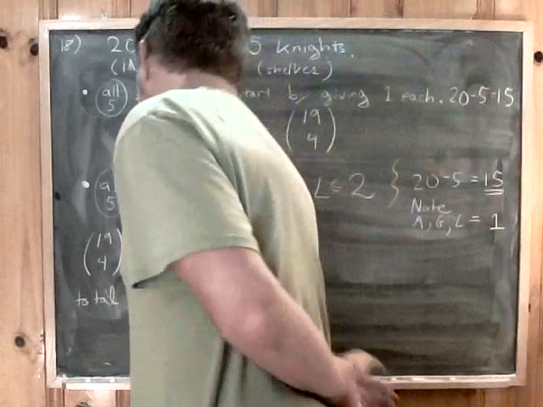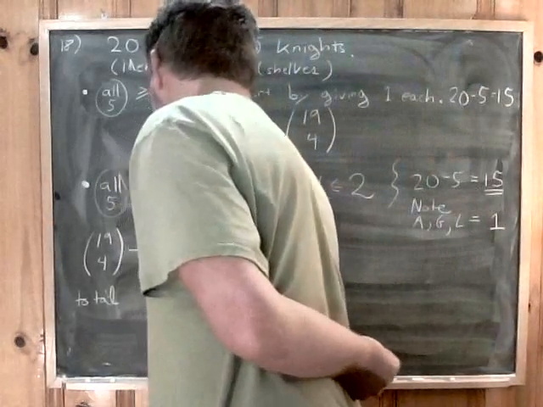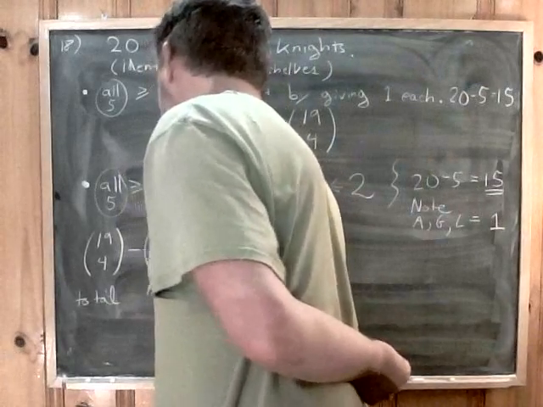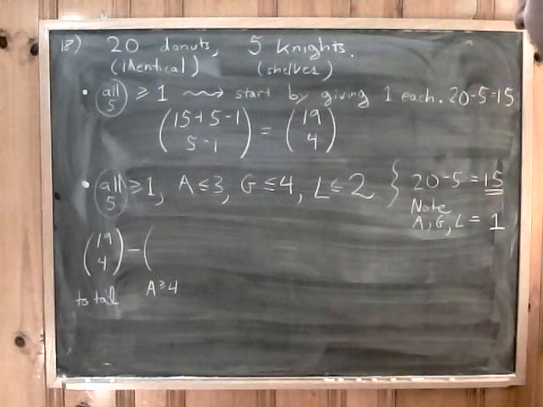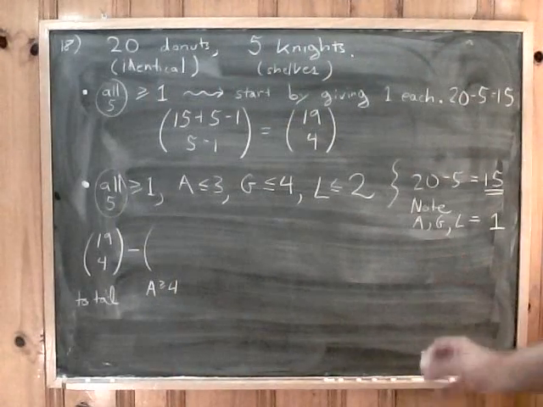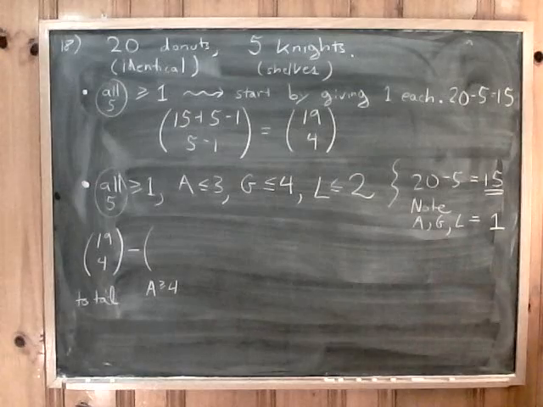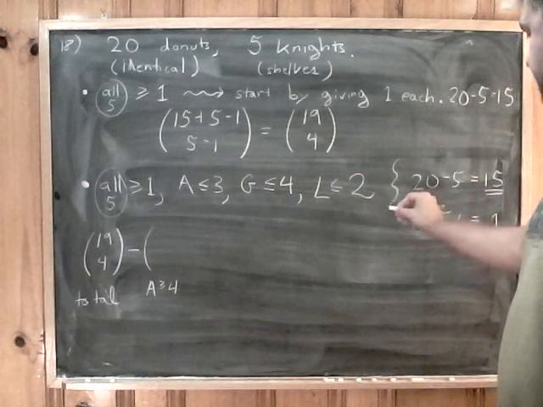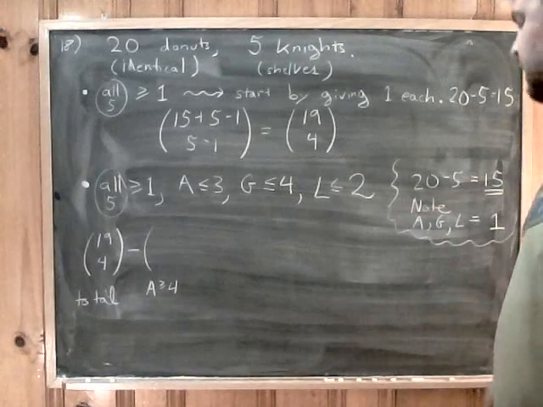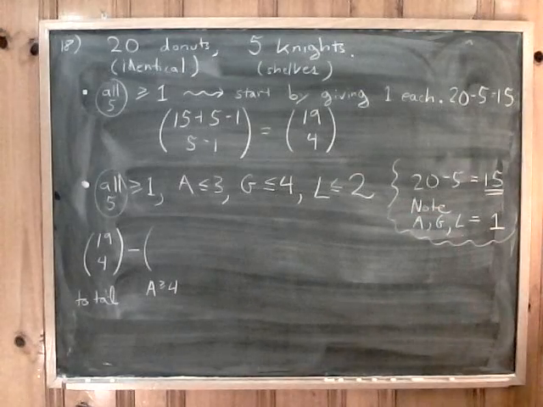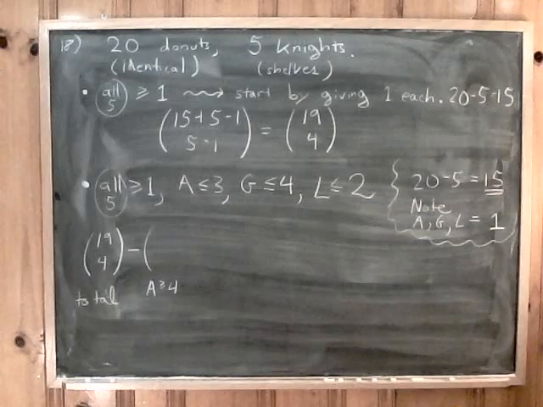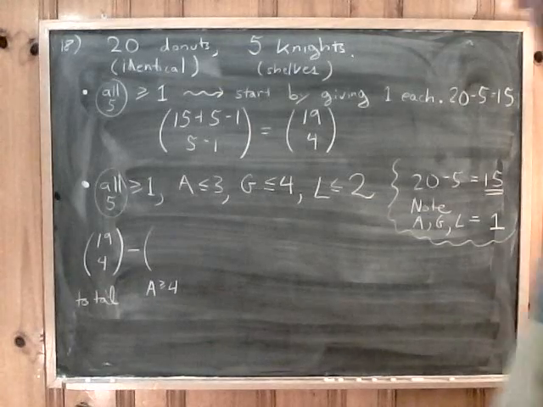The first one to subtract would be where Arthur is greater than or equal to 4. That would be breaking that rule. It's allowed to have 3, but greater than or equal to 4 is bad. But notice, he already has 1. That means that greater than or equal to 4 would mean adding on 3 to that 1.